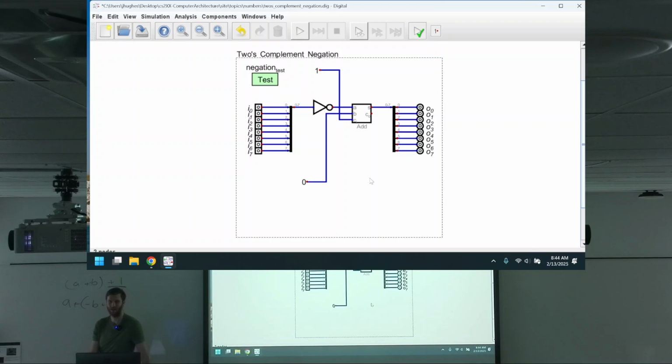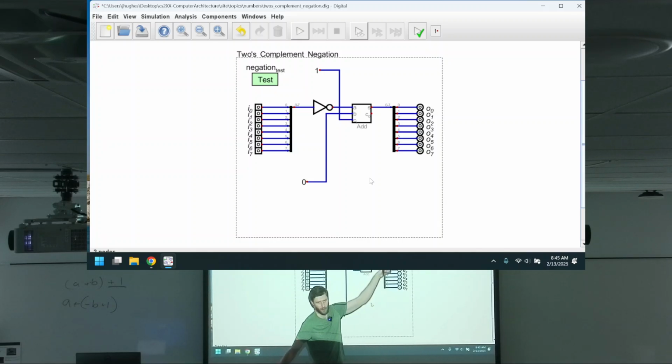Any questions, thoughts, concerns, or anything? Yes? Does bit 7 have to be a 0 so it's a positive number? If I know I have a signed integer, if I somehow magically know I have a signed integer, bit 7 would need to be 0 to know it's not negative, because it could be 0, right?